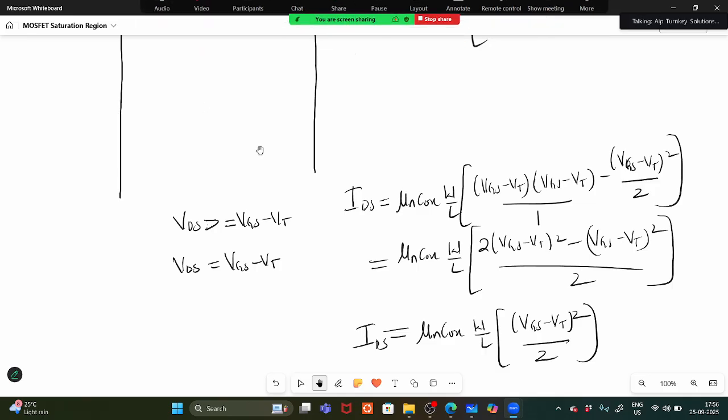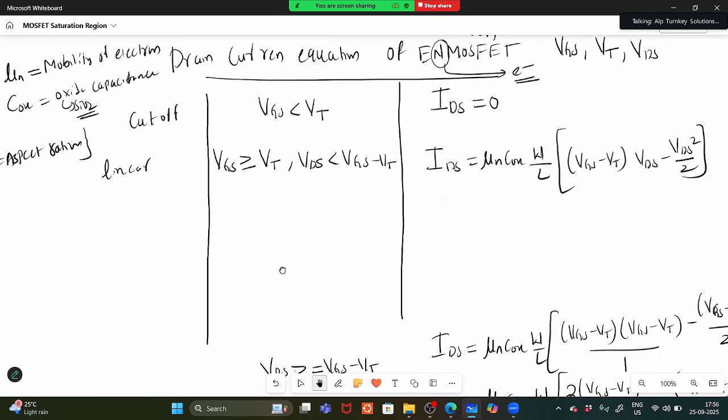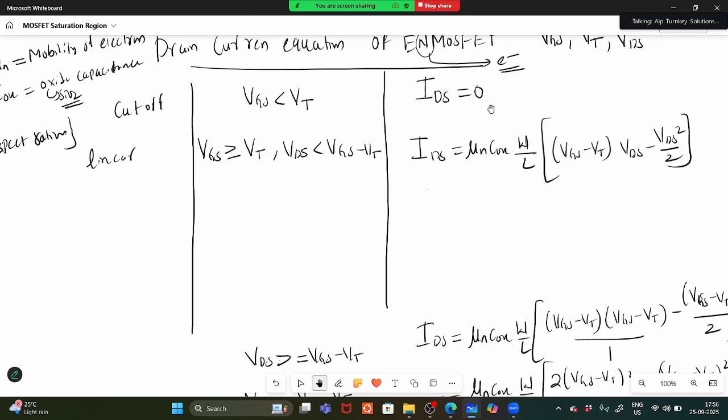Okay, now you see. What is the saturation region? In saturation, what is the condition? VGS is greater than or equal to VT, and VDS is greater than or equal to VGS minus VT.